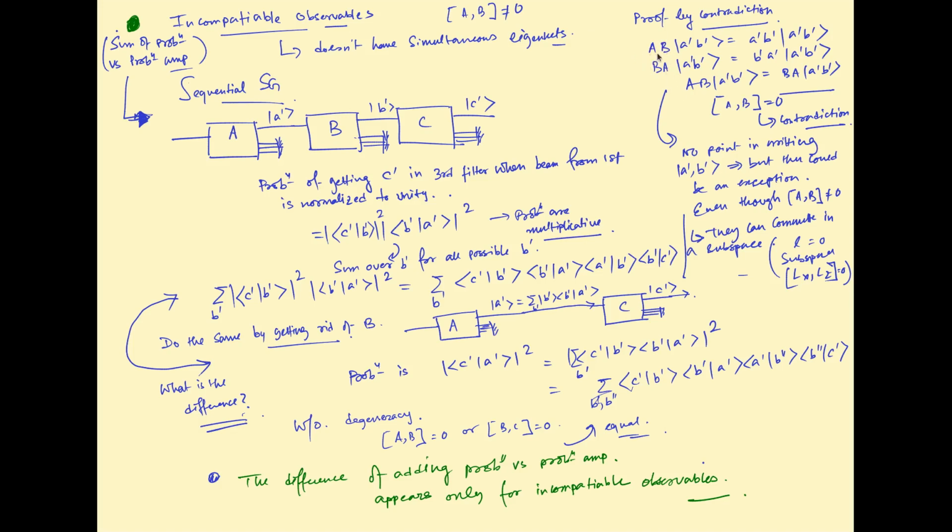Let us say I choose a pair of incompatible operators which has a simultaneous eigenket A prime B prime. If I measure B and then A, I will get A prime B prime. If I measure A then B, I will get this. So, this relation must hold, but this contradicts the original assumption that they are not compatible.